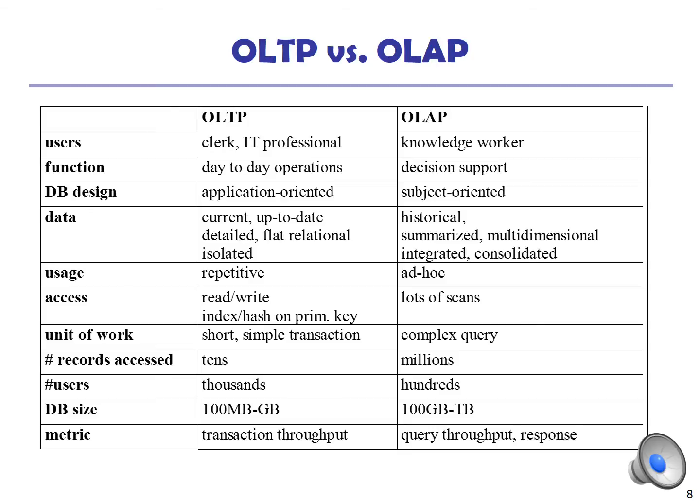On the other hand, online analytical processing requires more knowledge workers. They need to know what they're looking for, what kind of patterns they're trying to mine, what kind of trends they're trying to look at. They're trying to learn about the data from the trends and patterns that they see in the data warehouse data.